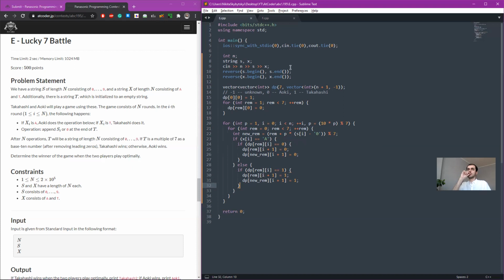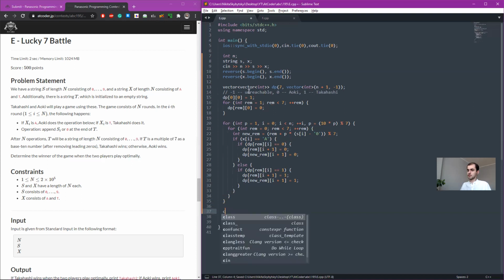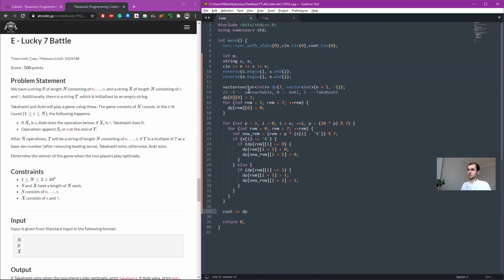But who wins if, oh, these states are like unreachable. Unreachable is actually pretty confusing, actually.